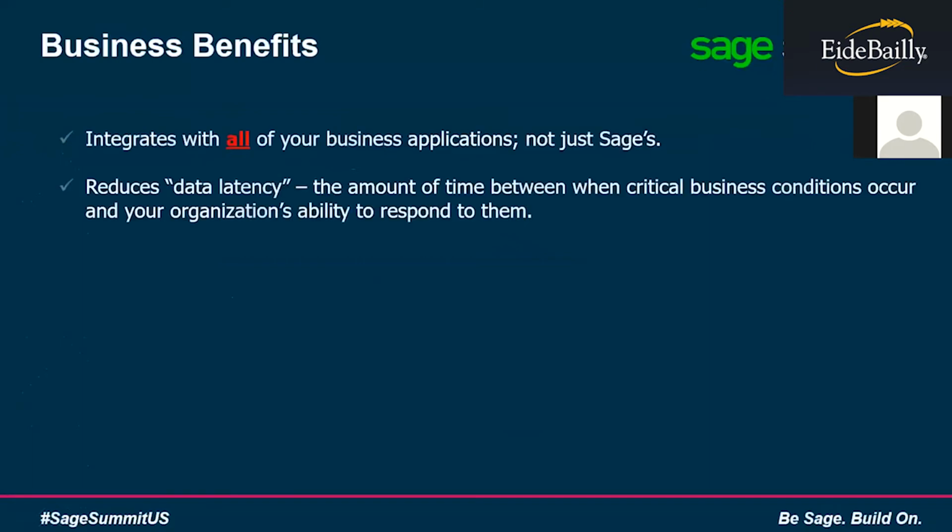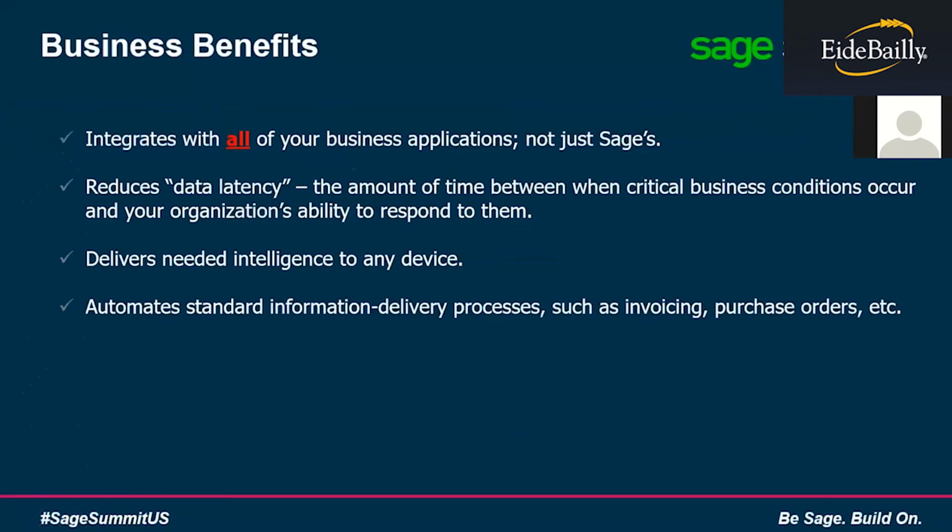So, just to recap some of the business benefits of Sage Alerts and Workflow and this data driving technology. Number one, it integrates with all of your business applications, not just your Sage ERP solution. It delivers any needed information to any person via any device located anywhere.